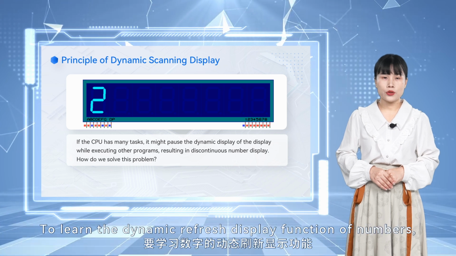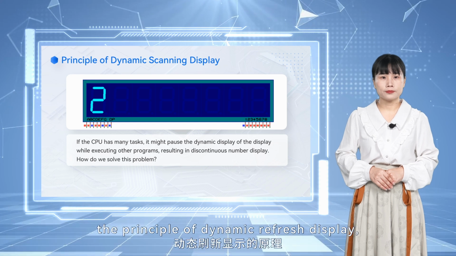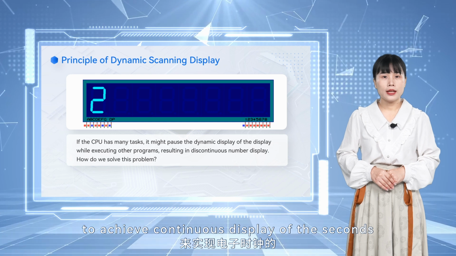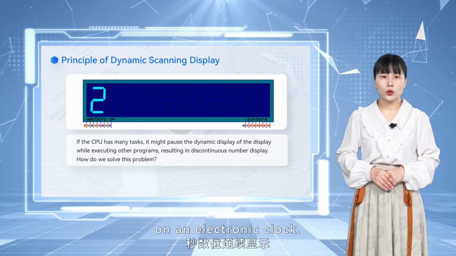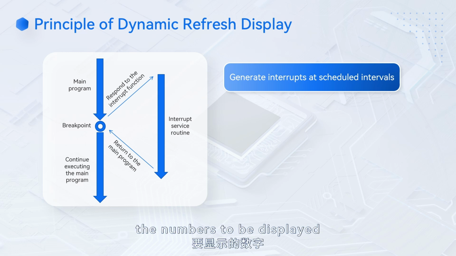To learn the dynamic refresh display function of numbers, we must first understand the principle of dynamic refresh display, and then try to use this new method to achieve continuous display of the seconds on an electronic clock. We need to use the timing interrupt function. For example, we place the numbers to be displayed in a buffer area first.